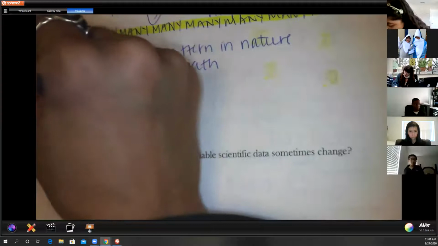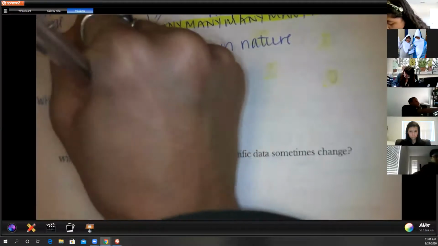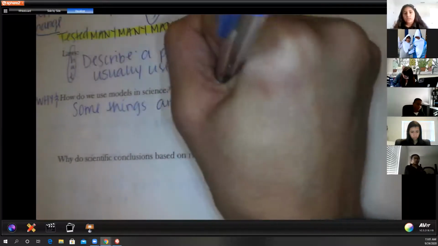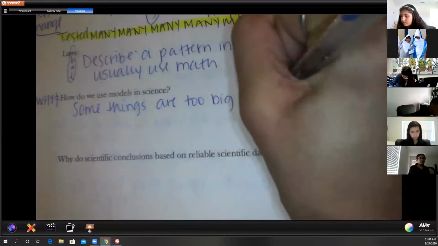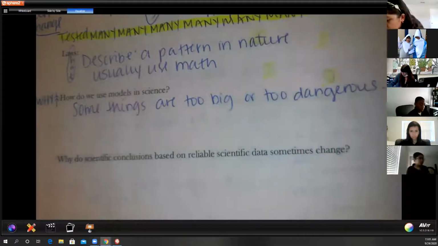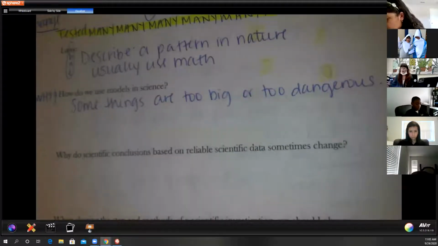Good. So some things are too big or too dangerous to work with. Sometimes we don't have the ability to actually have the real material. Like, I can't go to the planets, y'all. Unfortunately.